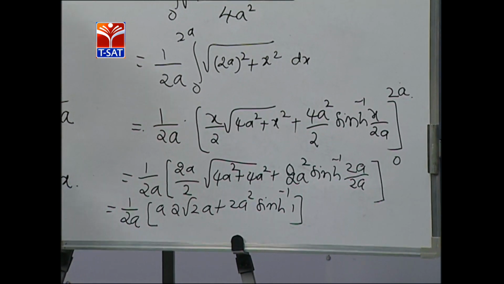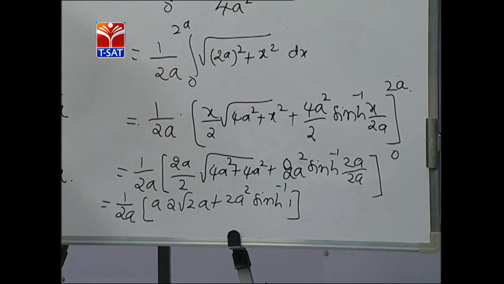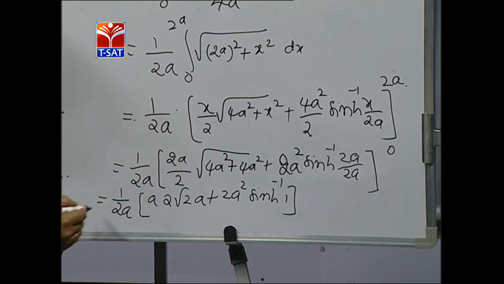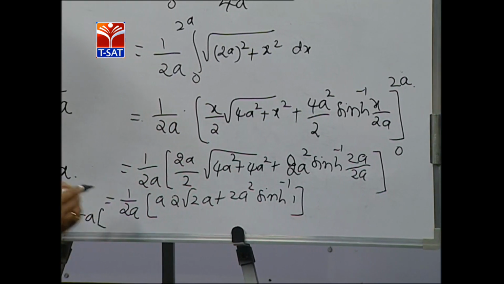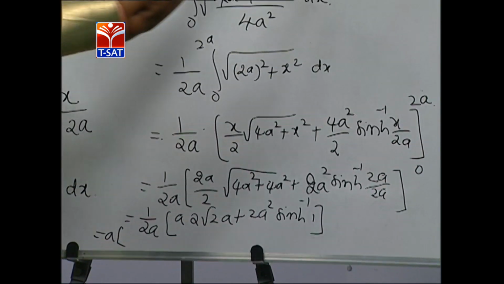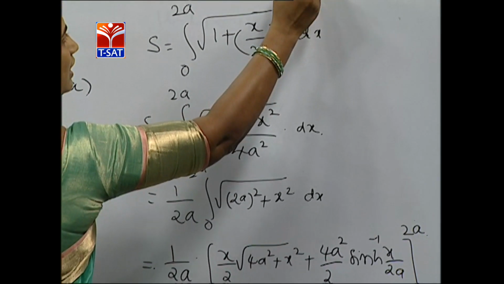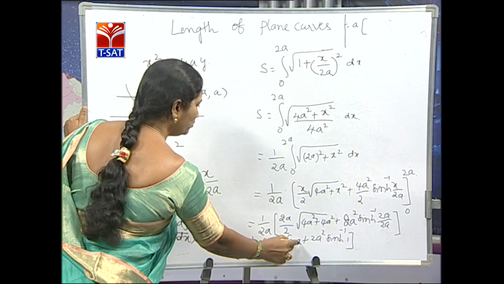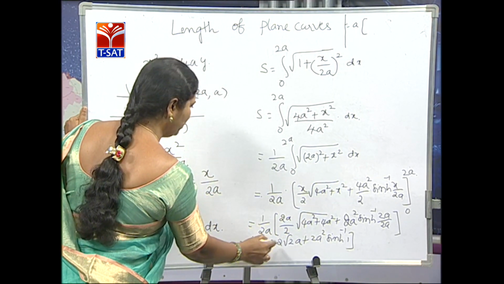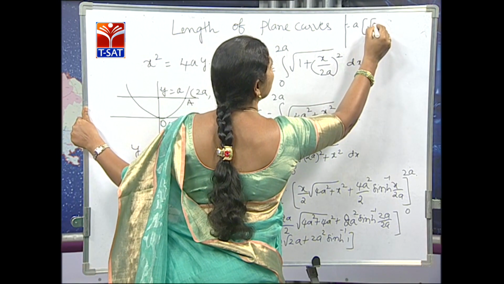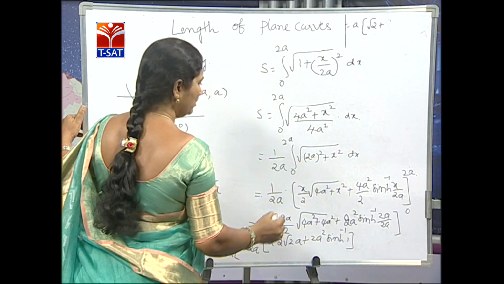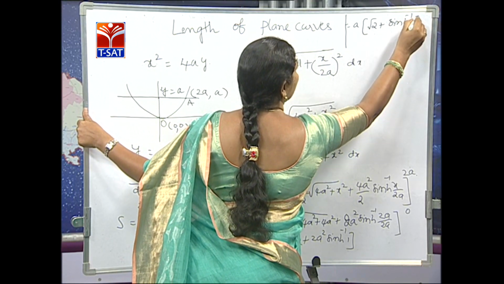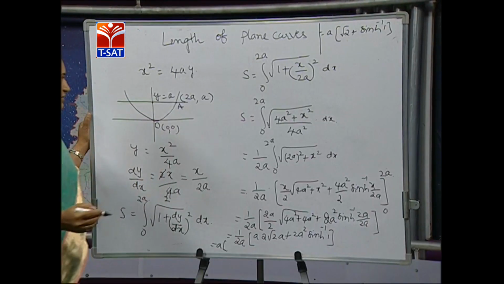So, if I take 2a square common, 2a square by 2a is a. So, the value will be a into, I took 2a square common, so root 2 plus sin h inverse 1. So, this is the required length.